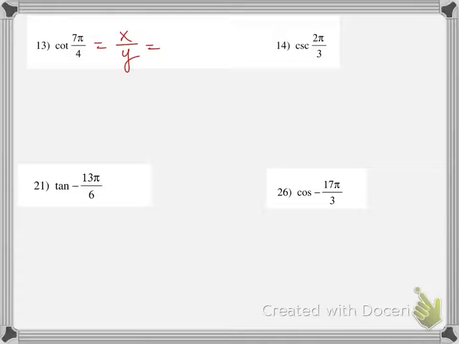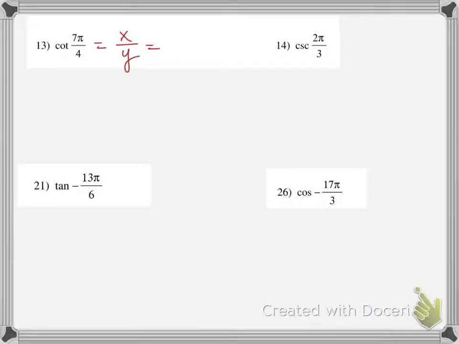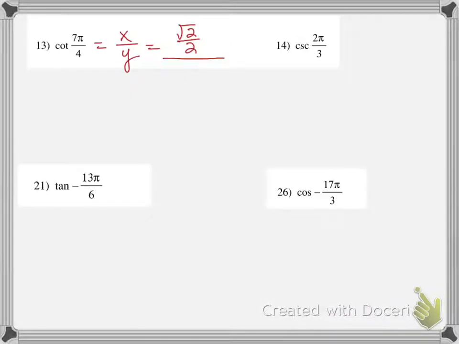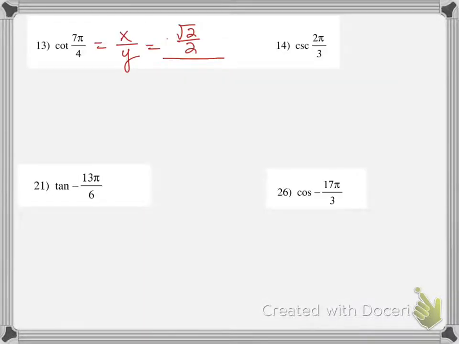So what is our x? For 7 pi over 4, it was square root of 2 over 2. I forgot this one was, wait, one of them was negative, right? Yes, the y value. Yep, it's in the 4th quadrant.